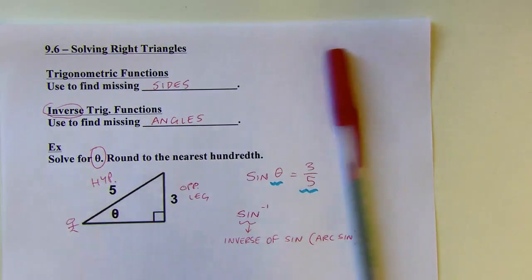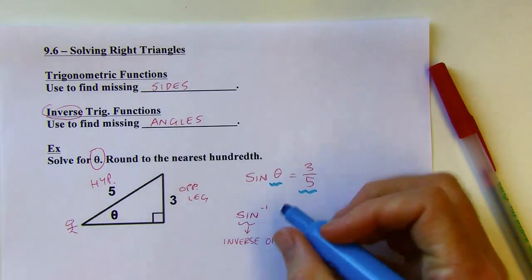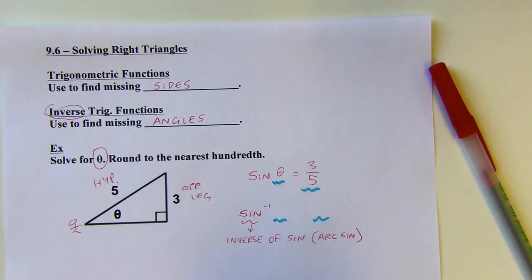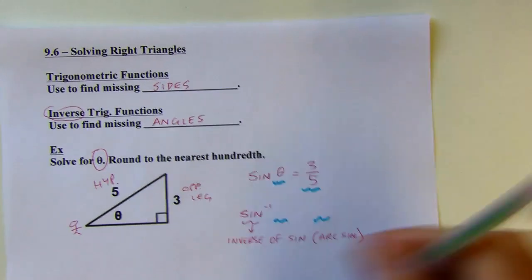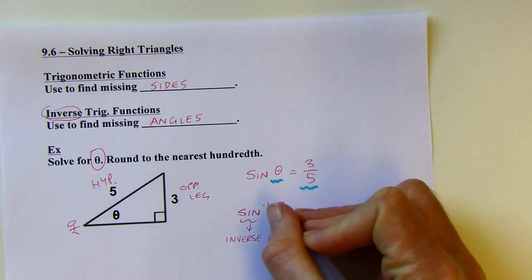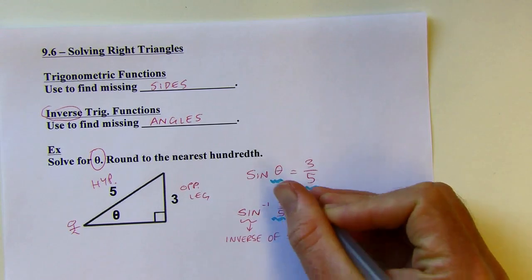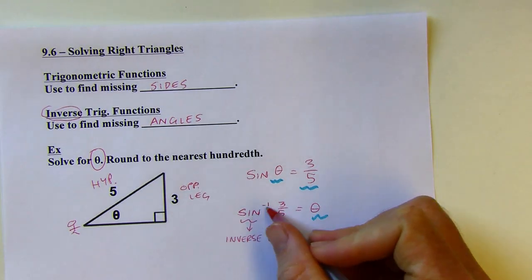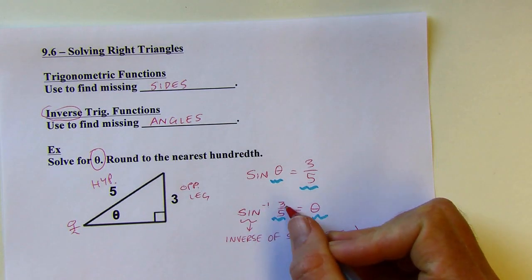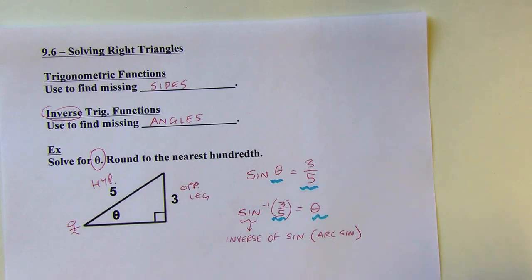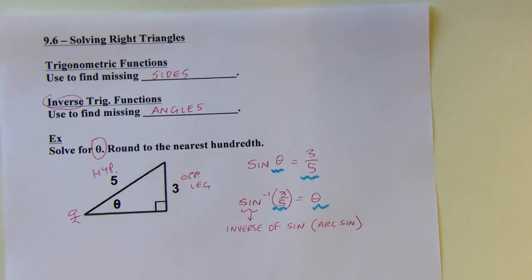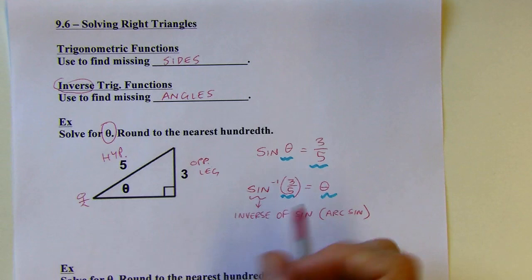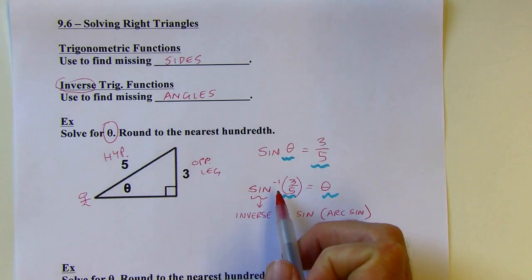Now those two underlined parts are going to switch positions. So that means I'm going to put the 3/5 right here, and I'm going to put the theta right there. And just to make it clear so it doesn't look like this is negative 13 up there, I'm going to put the contents of that trig function in parentheses. Now, some people are going to say, sine to the negative first of 3/5.